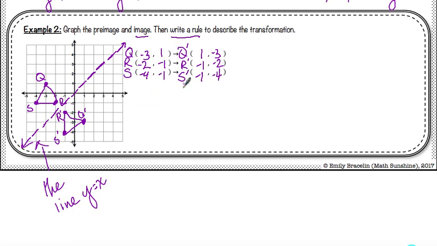So if I compare S and S prime, it looks like we went from -4, -1 to becoming -1, -4. So the x value became the y value, and the y value became the x value. So the x and y values swapped positions.